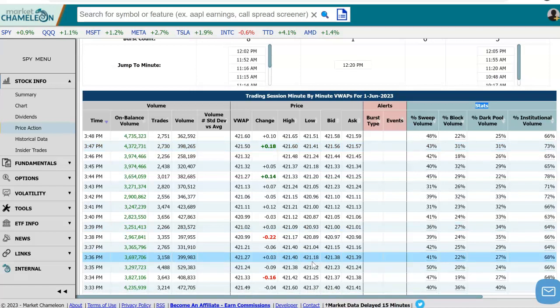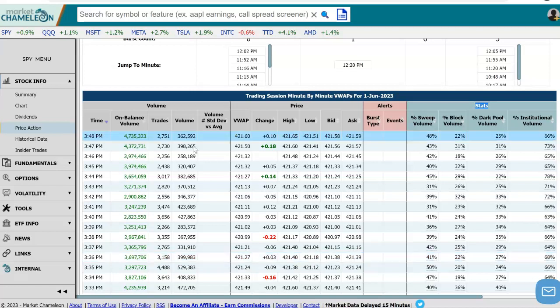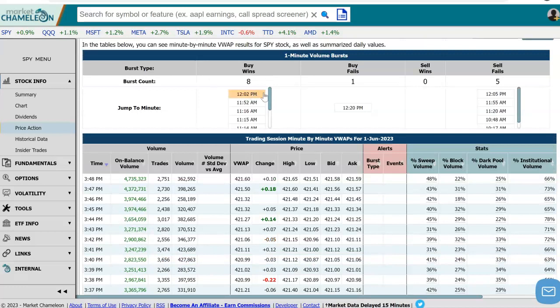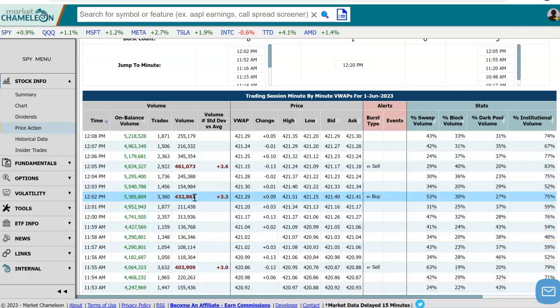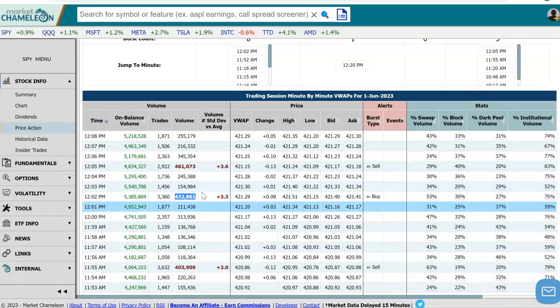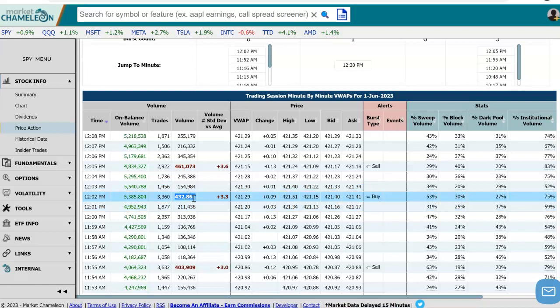So to detect a large volume burst, let's click on one to show as an example. What we do is we monitor the volume for that particular minute, and then we compare that volume to what this stock typically trades from minute to minute for this time of day.